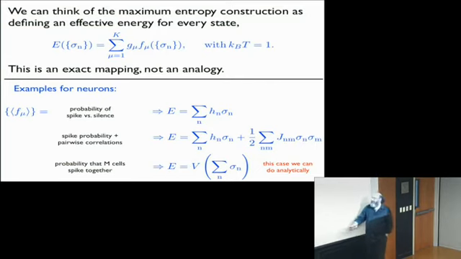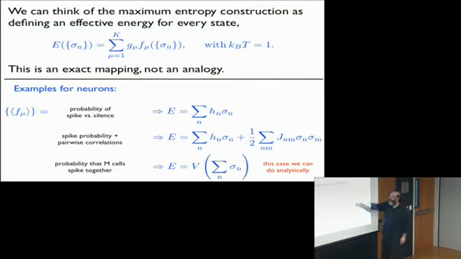I could also decide that I care about the pairwise correlations. So I want to be sure that I match not only the average probability that this neuron fires an action potential, I want to match the joint probabilities that pairs of them fire action potentials in the same small window of time. Then in that case, the energy function is a collection of Ising spins in magnetic fields interacting in a pairwise fashion.